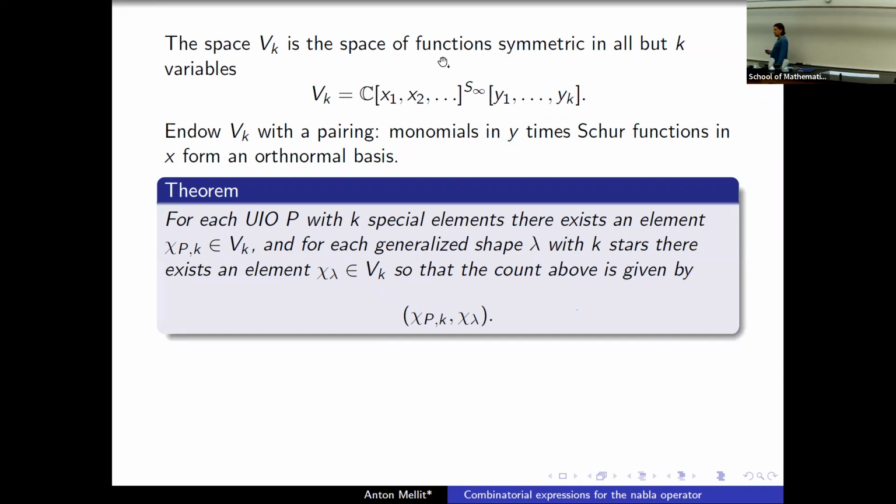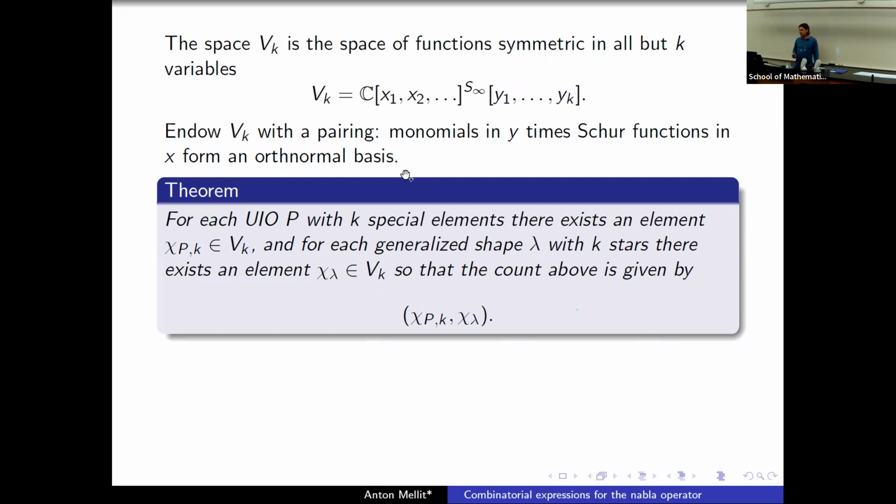One way to write it is to say that we have symmetric functions in the x's and just polynomials in the y's, with no symmetricity assumption. Then there is a pairing on V_k: you can say that Schur functions in x times monomials in y form a basis. Maybe that's not the best pairing, but for this statement it doesn't matter.